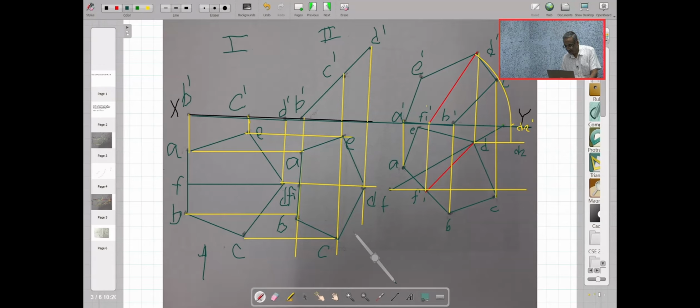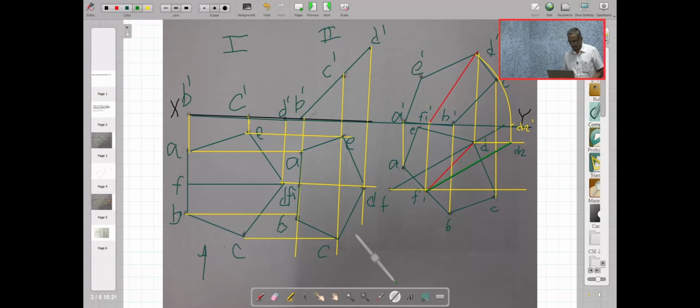Now if I join this D2 with F1, I will be getting the true length. Let me use a different color, a green color. So this will be my true length now. And now I have to see that this D2 F1 is making an angle of 30 degrees.